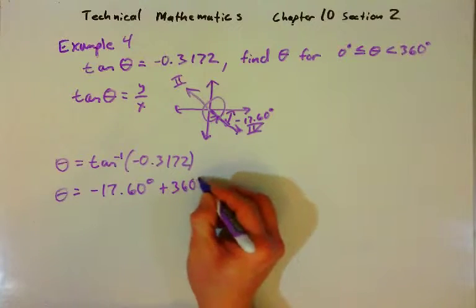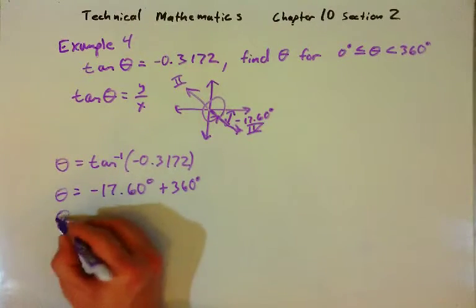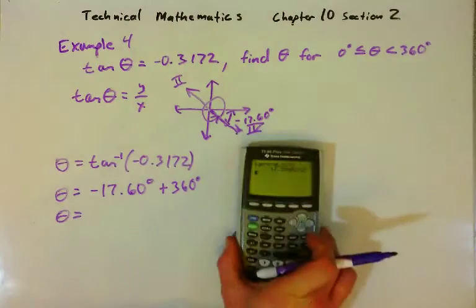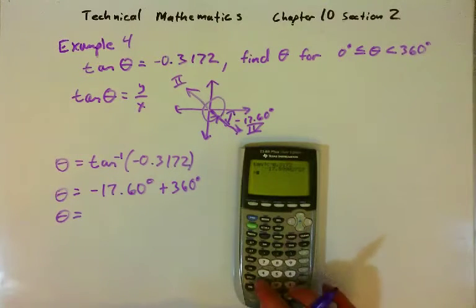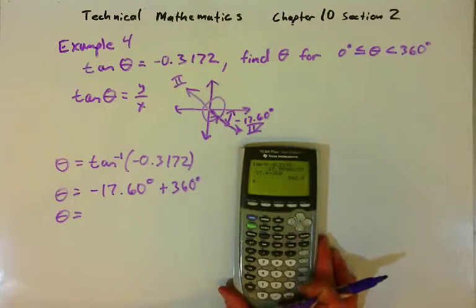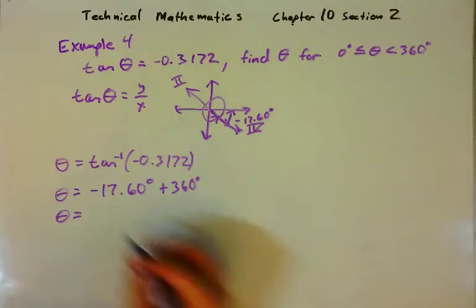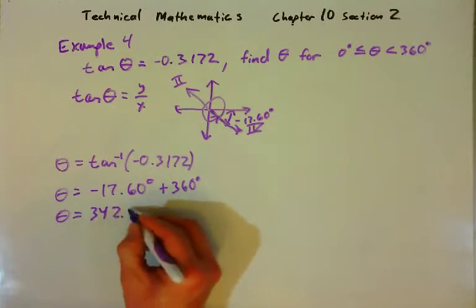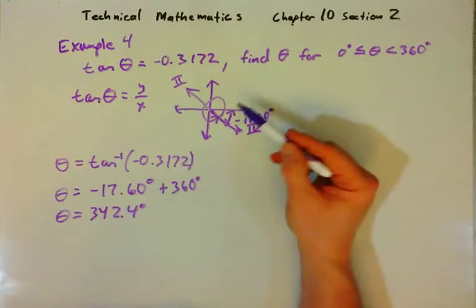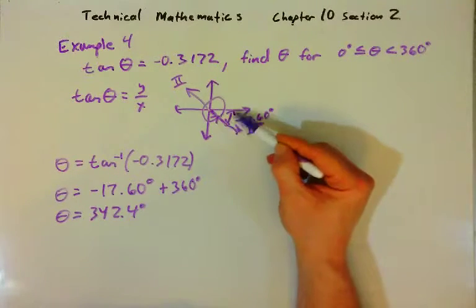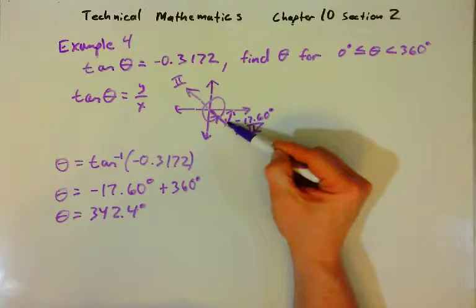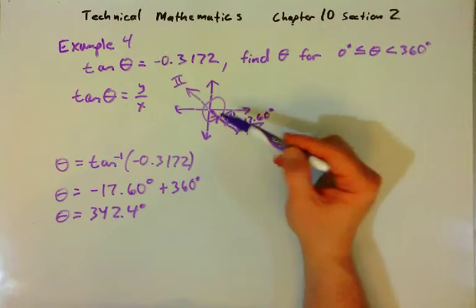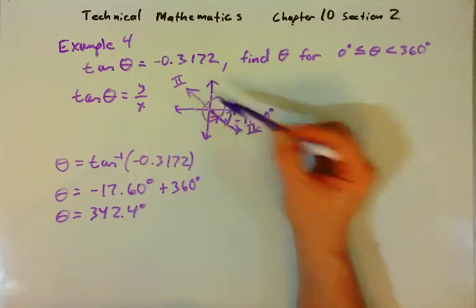So we're going to add 360 degrees, and we'll say that theta is equal to negative 17.6 plus 360, and we get 342.4 degrees. And so we don't want negative 17.6 degrees, we want a positive 342.4 degrees. But we still have the problem of finding the other angle.